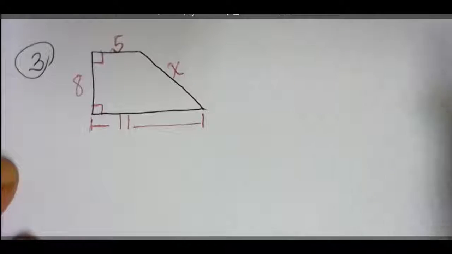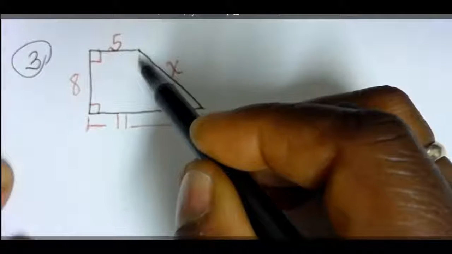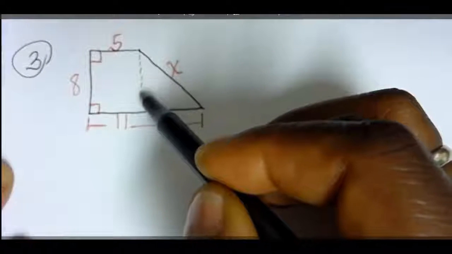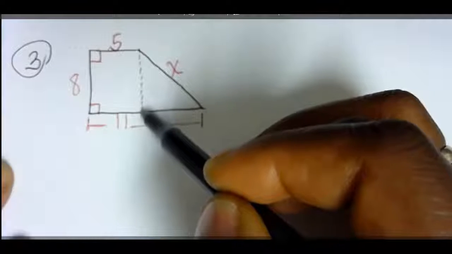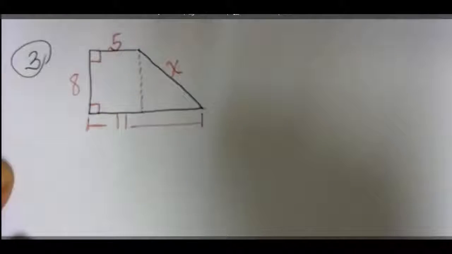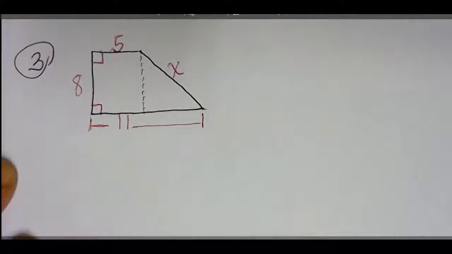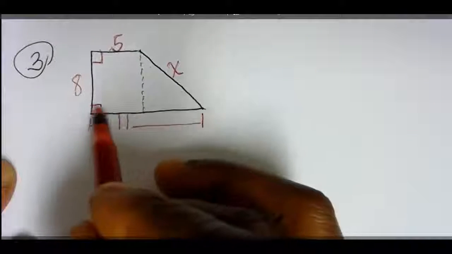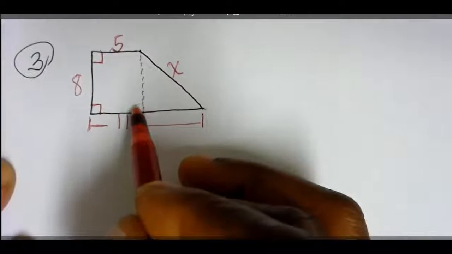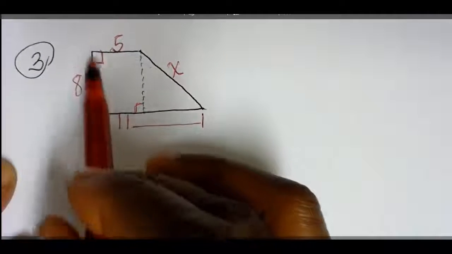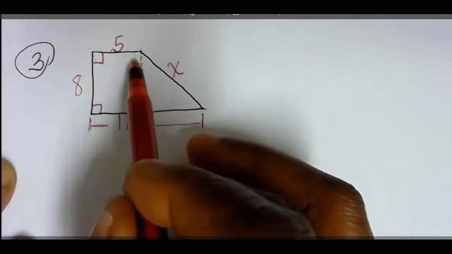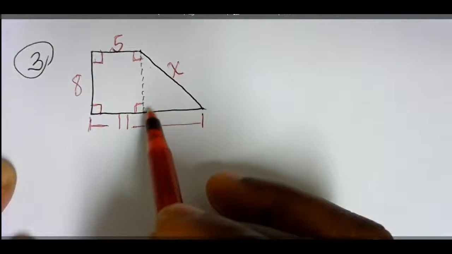So, if we create from here, okay, I'm using a dotted line, because it's not part of the figure. So let's highlight this a little bit again. Okay. So if we do that, and then of course, since this is a rectangle, each of these corners is going to be a right angle.